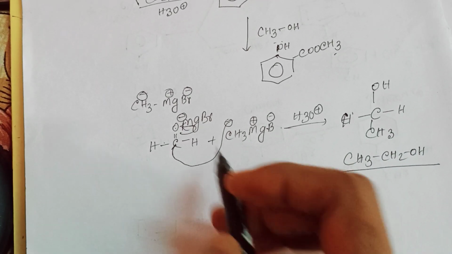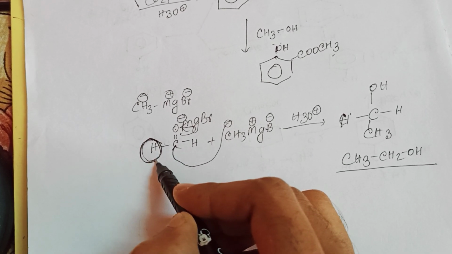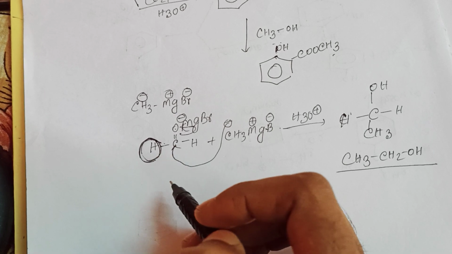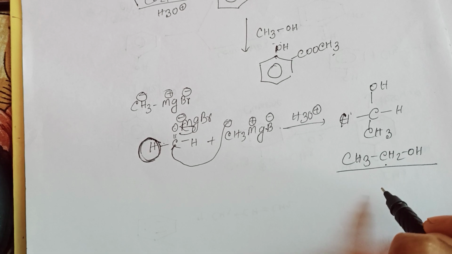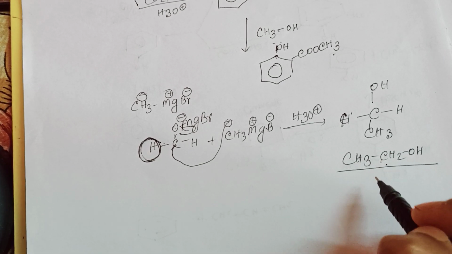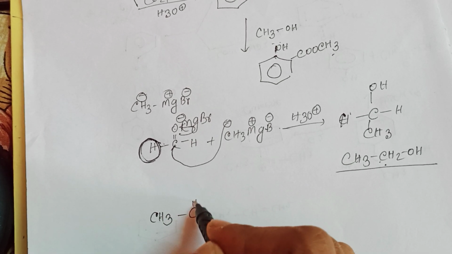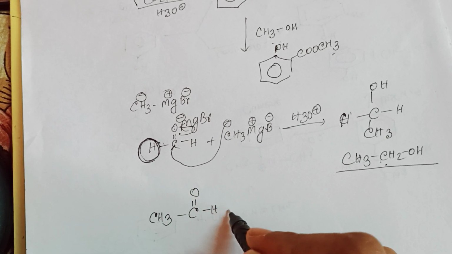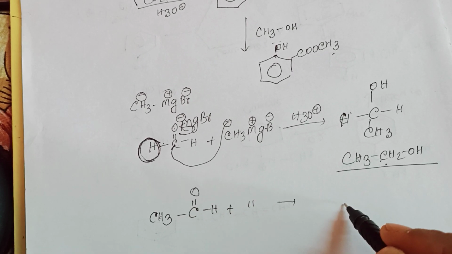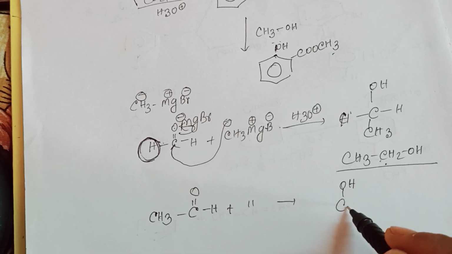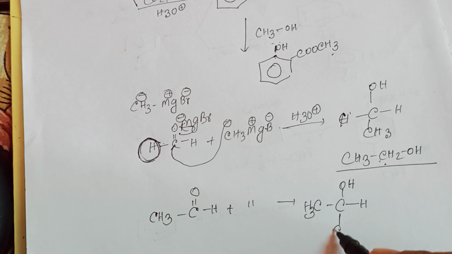Now when one hydrogen is replaced by CH3, it is acetaldehyde, and then it forms an extra hydrogen, and it is called a 2 degree alcohol. Here CH3CHO with Grignard reagent finally forms C with OH, one hydrogen, and two CH3 methyl groups.